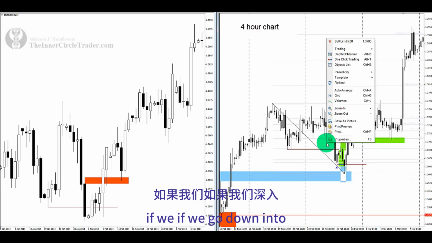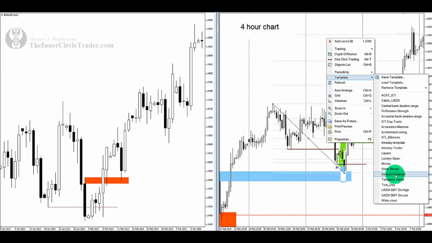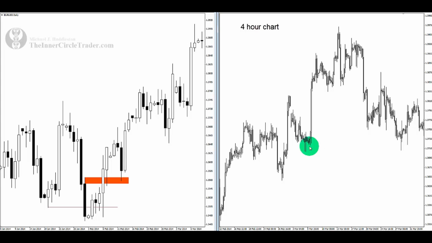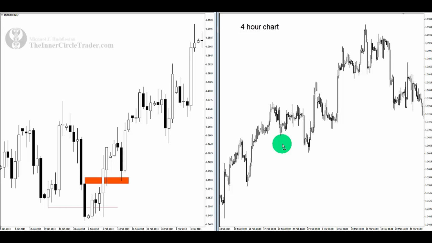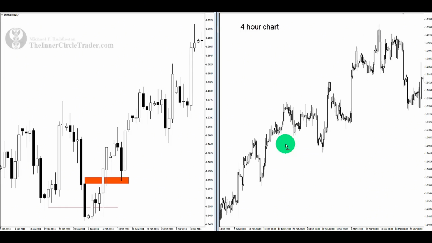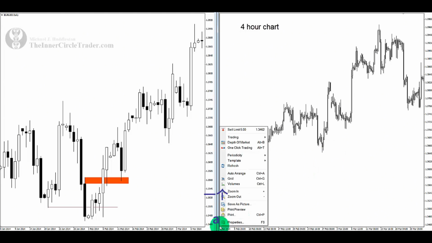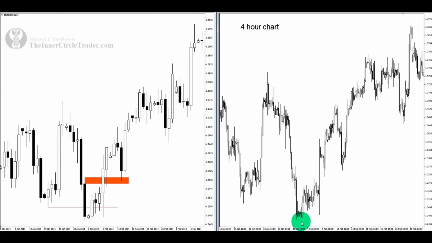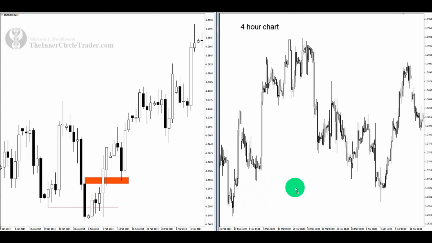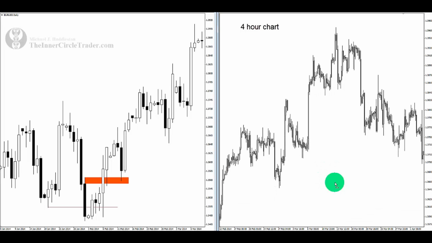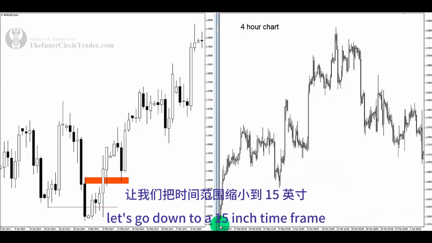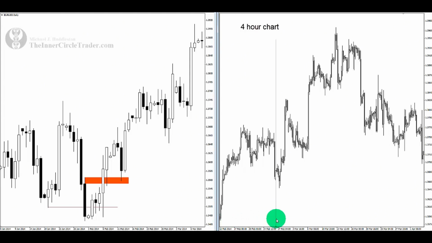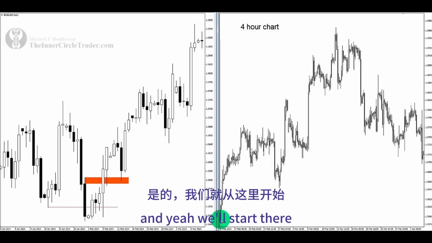If we go down into a 15-minute time frame, let's start there.